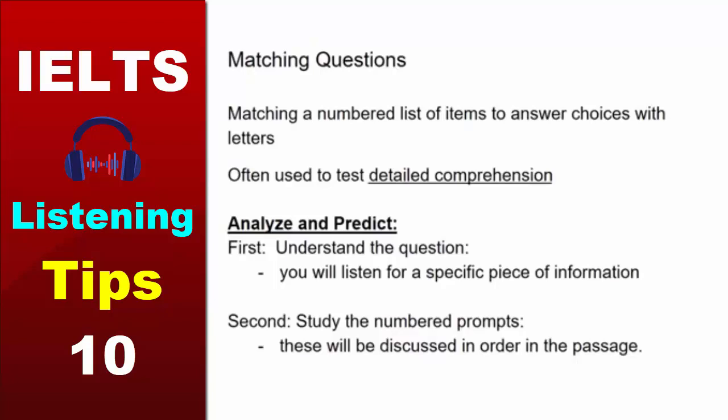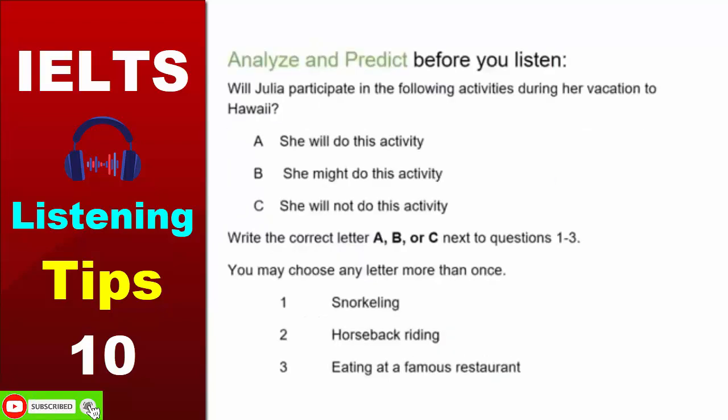Okay, we see this in other listening question types as well, where the answer for question 3, for example, will be provided by the speakers before you can expect to get the answer for question number 4 in a set of questions. Okay, so it's that numbered list that will provide this order for matching questions.